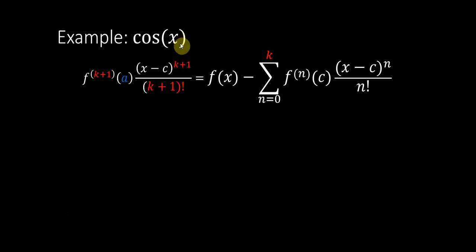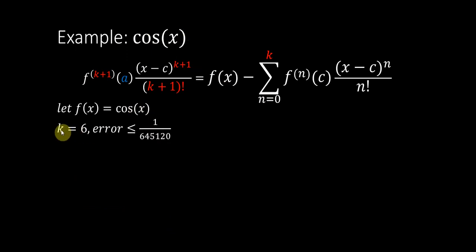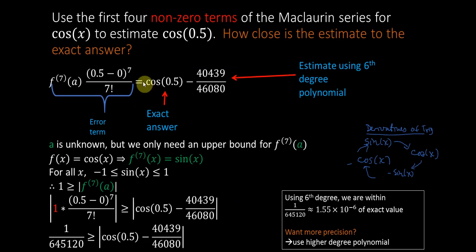So let's extend this idea and just use cosine. It always helps when we can apply this to a well-known function. So this is Taylor's theorem right here, and we're using f of x as cosine. Remember that when k was equal to 6, the sixth degree polynomial, we had the error come out to this. Just a quick reminder, this is the calculation for that error, the upper bound on the error that we had.